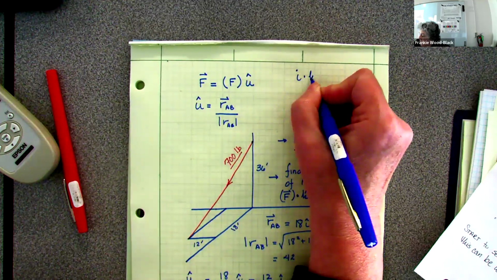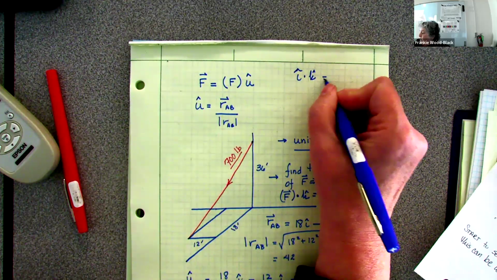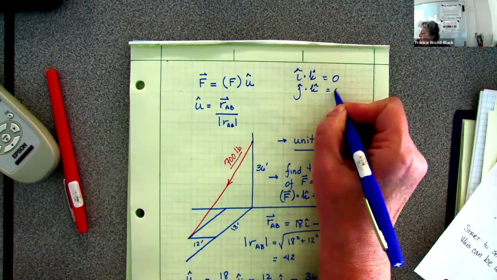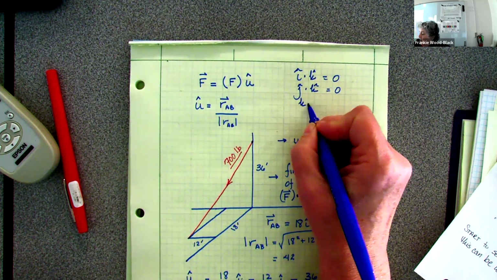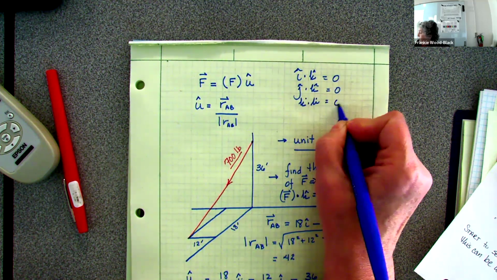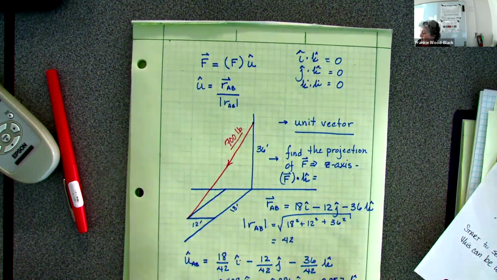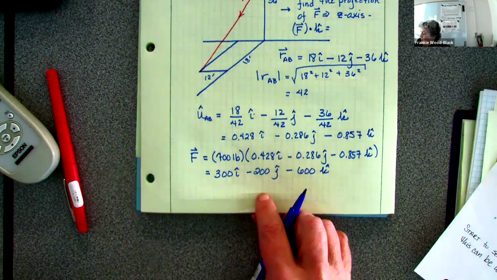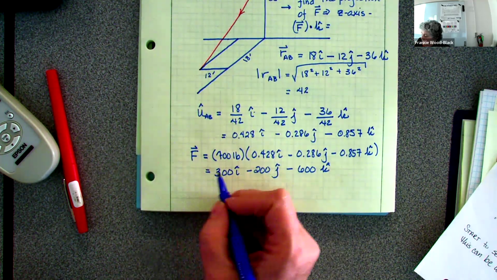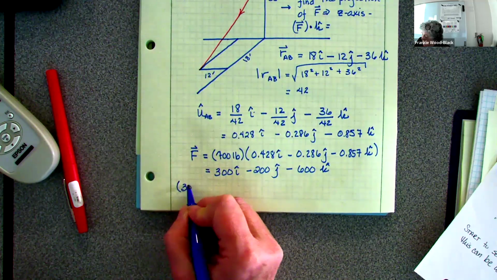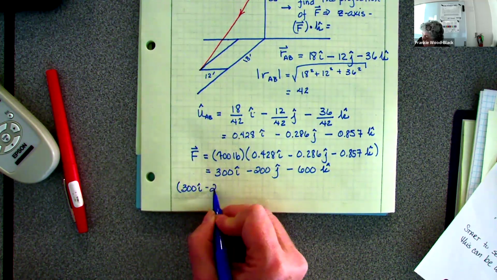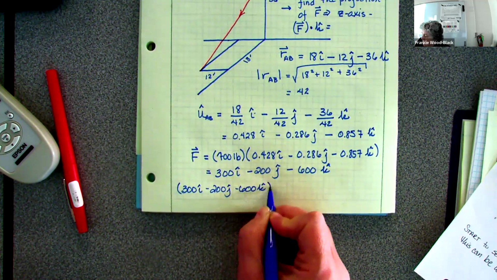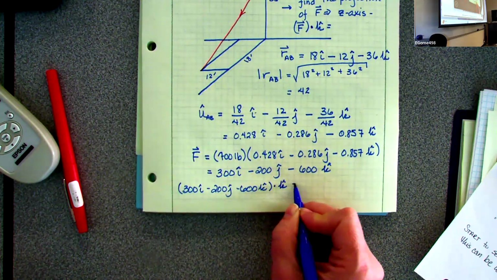Remember that I dot K is going to equal 0. J dot K equals 0. And K dot K equals 1. So if I'm going to do my dot product for my projection, this is going to be my 300 I minus 200 J minus 600 K dotted with my K axis.